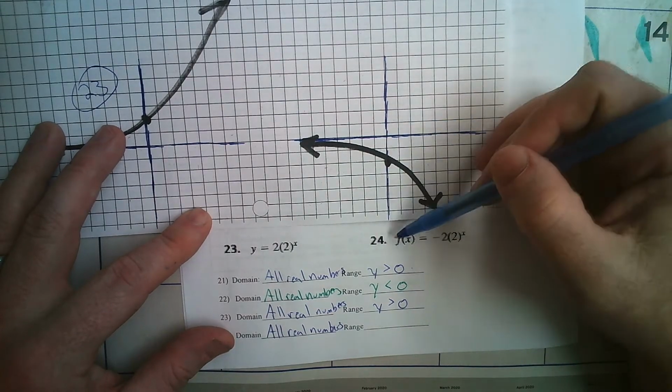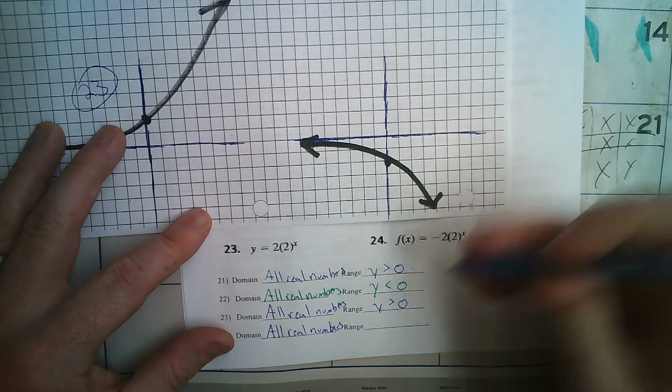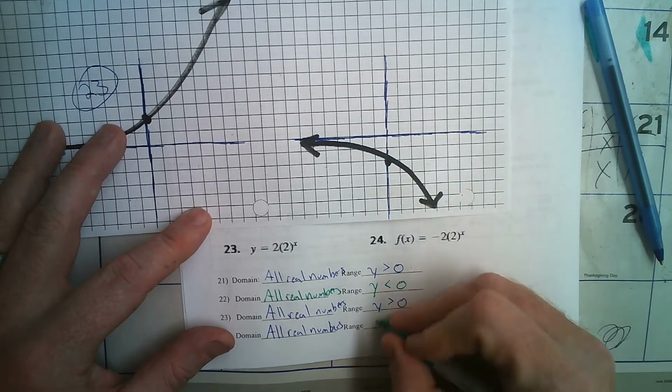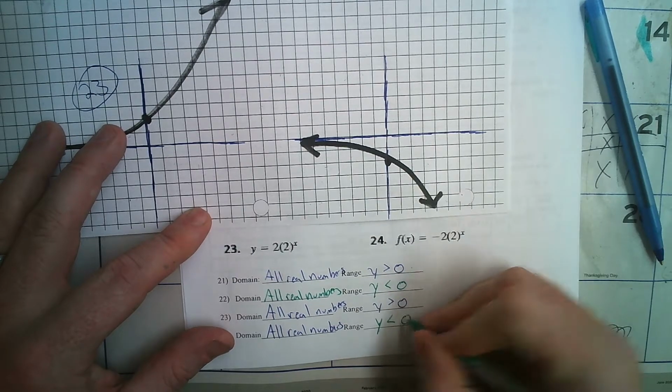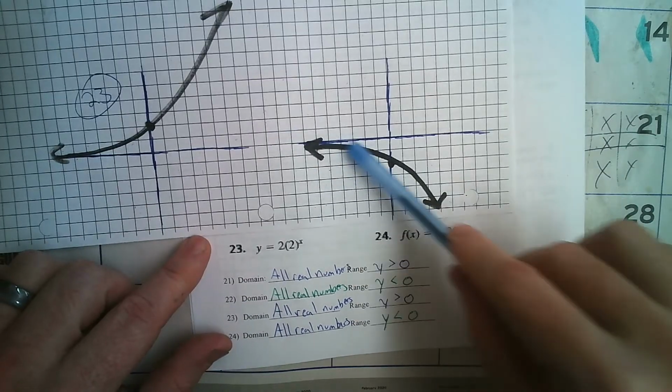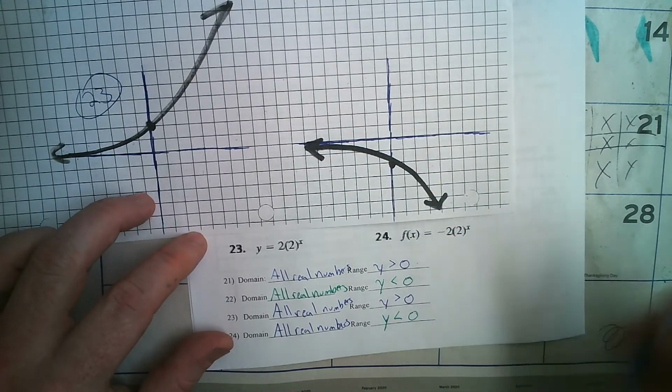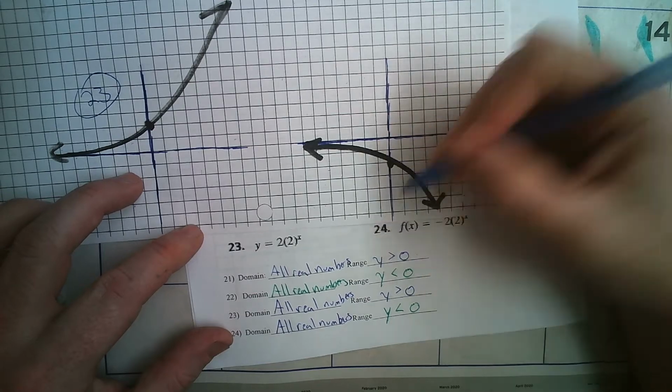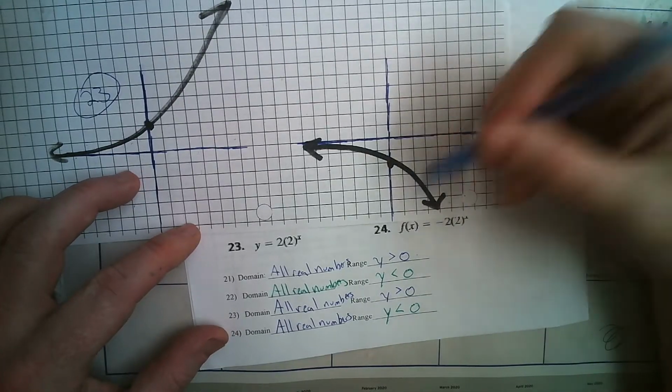If it's below the x-axis, my range is y is less than 0. The pictures that were below the x-axis, it's y less than 0 because I'm talking about these y values less than 0, or negative numbers.